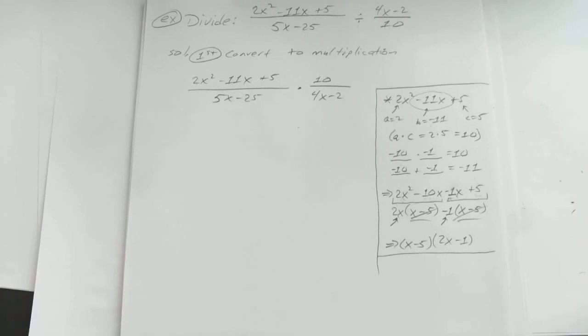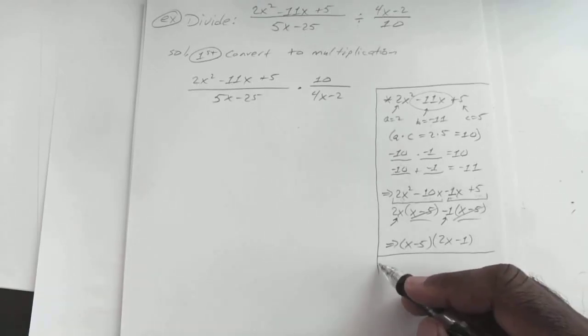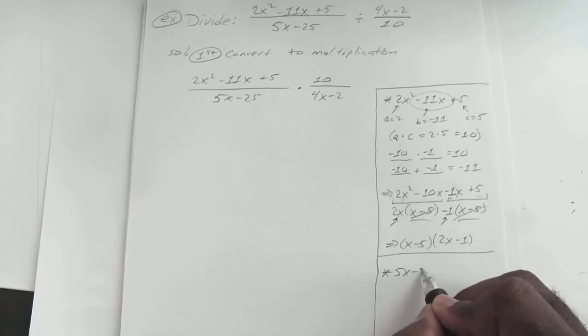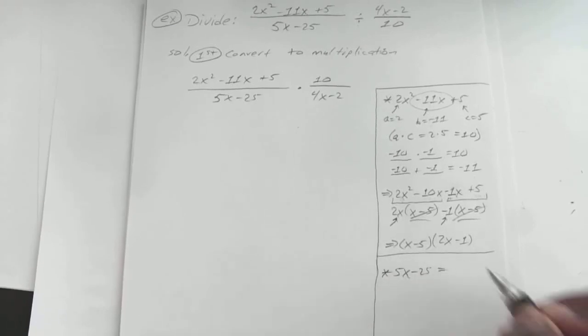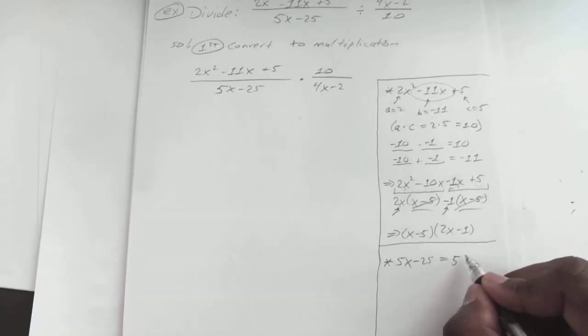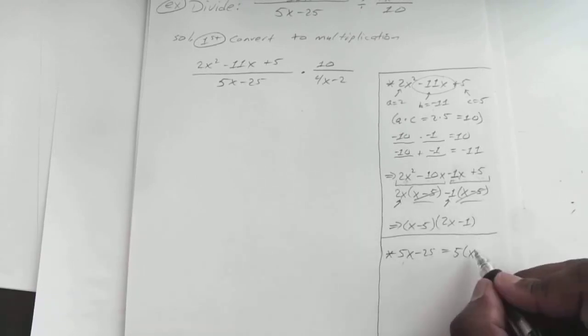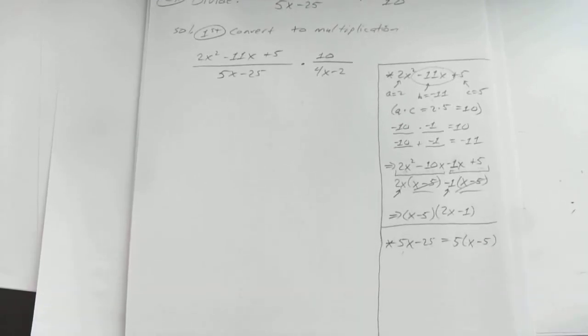Okay, so the rest of them factor out pretty easily. 5x minus 25, we can factor a 5 out of both of those. So 5 times x will give us 5x. 5 times -5 gives us our -25.